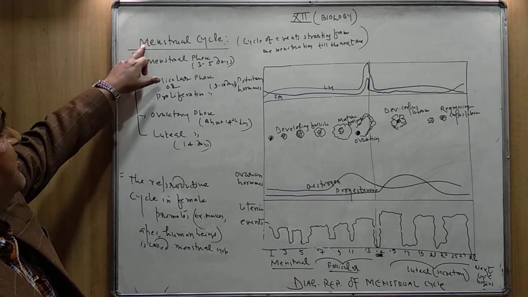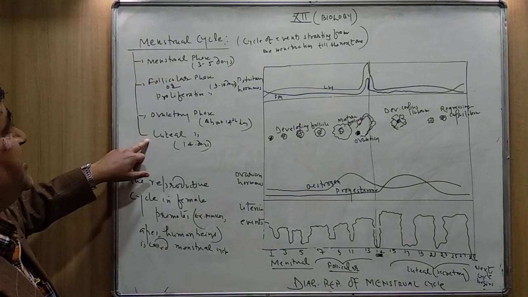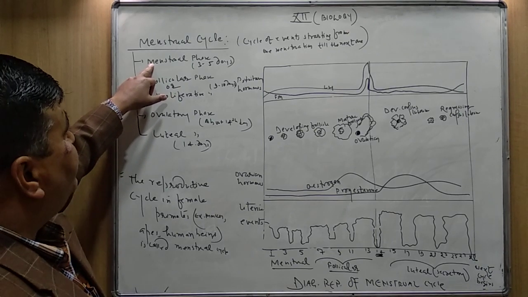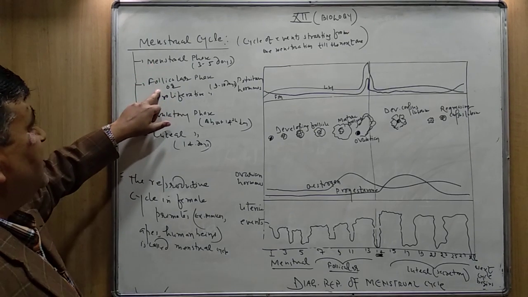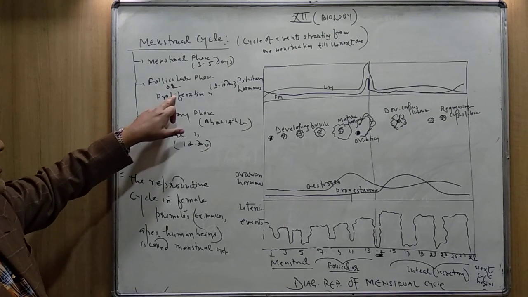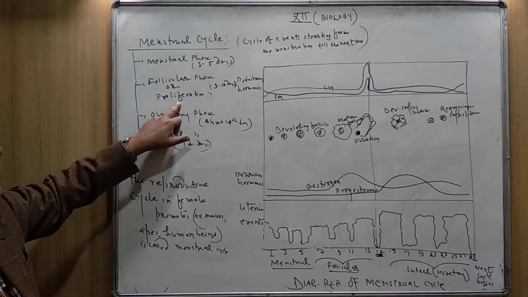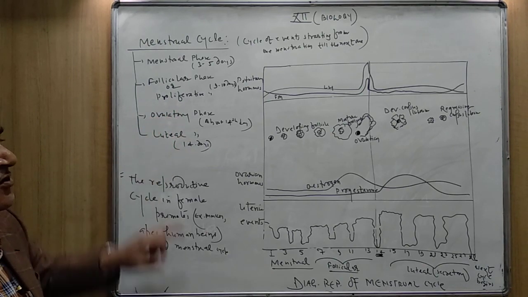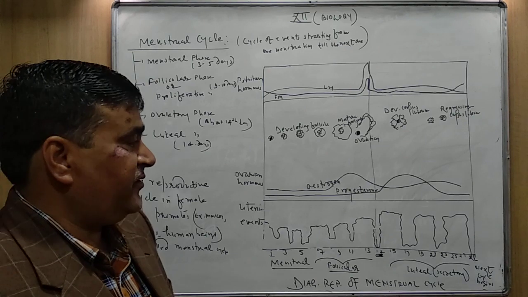The whole process of the menstrual cycle is completed under the following headings. The first one is the menstrual phase. The second one is the follicular phase, which is also known as the proliferative phase. The third one is the ovulatory phase, which is followed by the luteal phase.